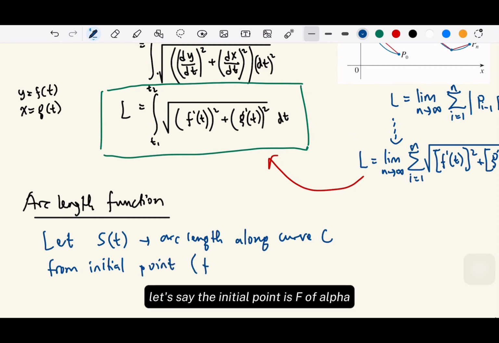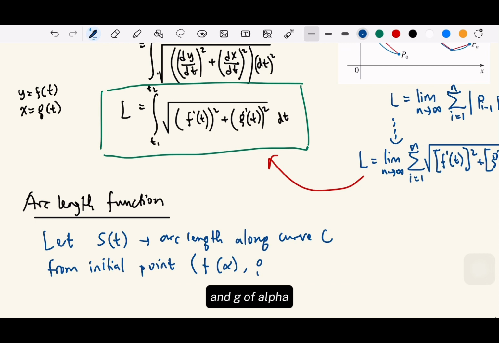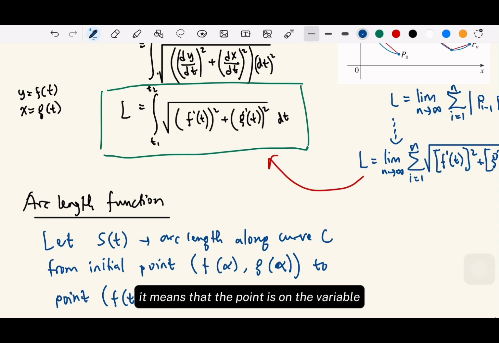Let's say the initial point is f of alpha and g of alpha, it means the xy, to the point f of t and g of t. It means that the point is on the variable, so it can be any number. So we could make this a function.